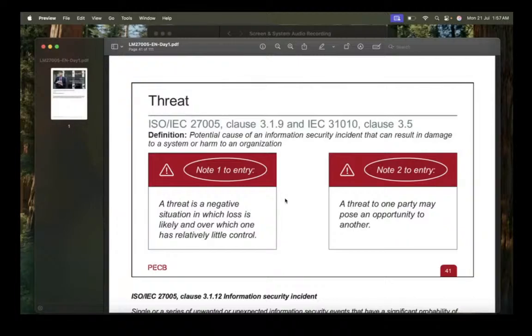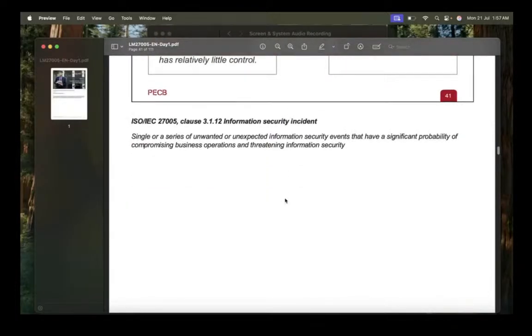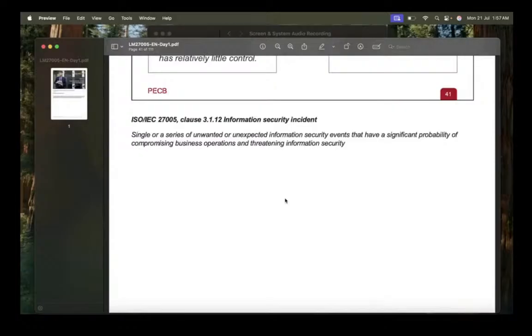Then it is explained in clause 3.1.12 of ISO 27005 about information security incident. So, a single or a series of unwanted or unexpected information security events that have significant probability of compromising business operations and threatening information security.